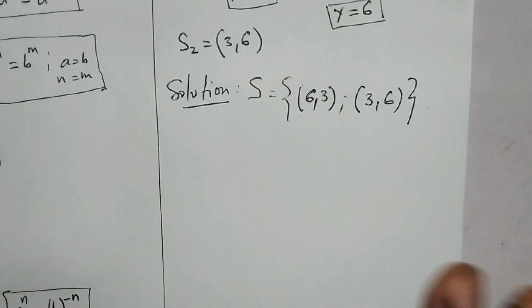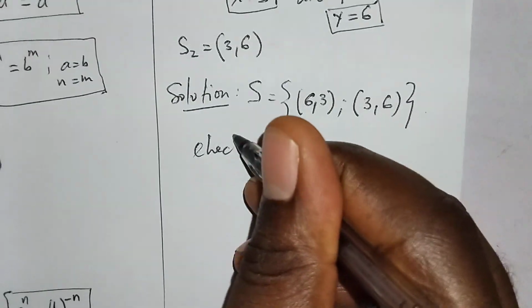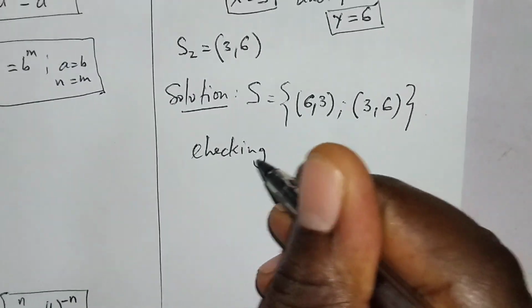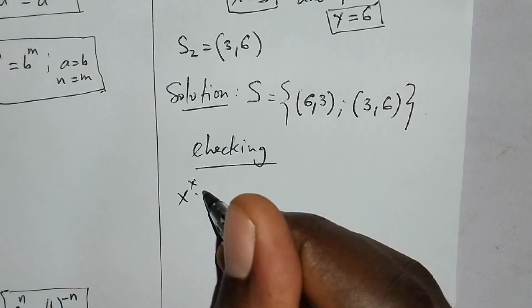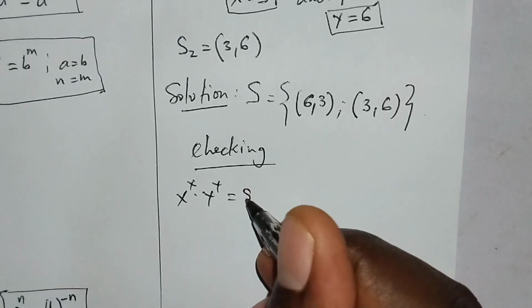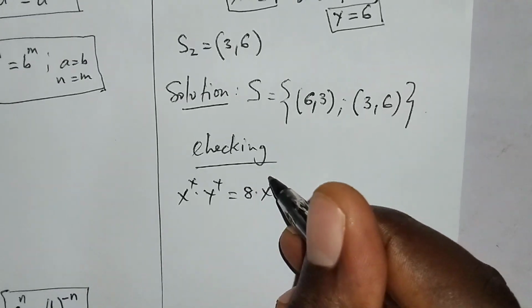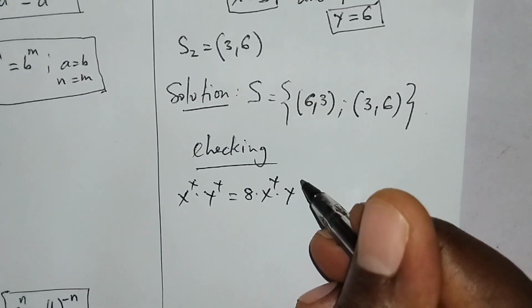Now we are going to check x power x times y power y equal to 8 times x power y times y power x.